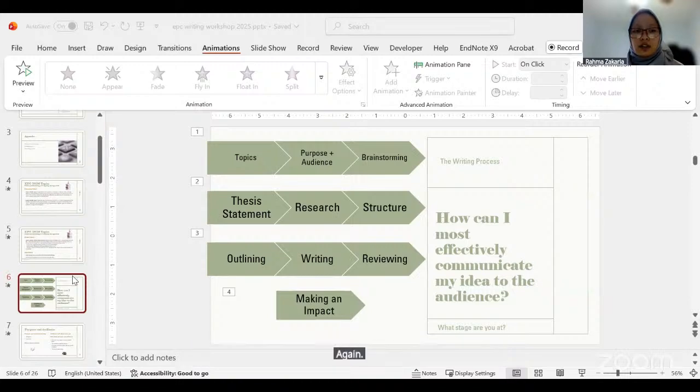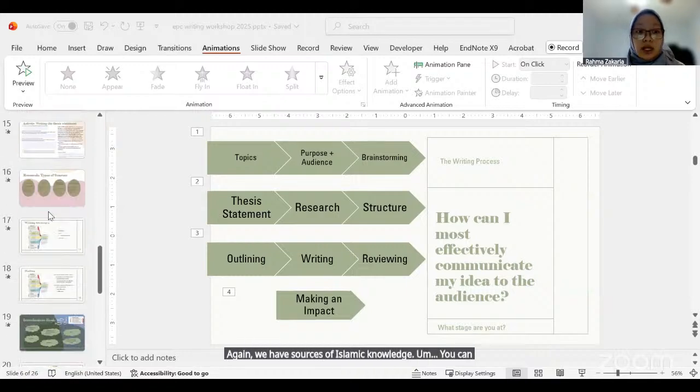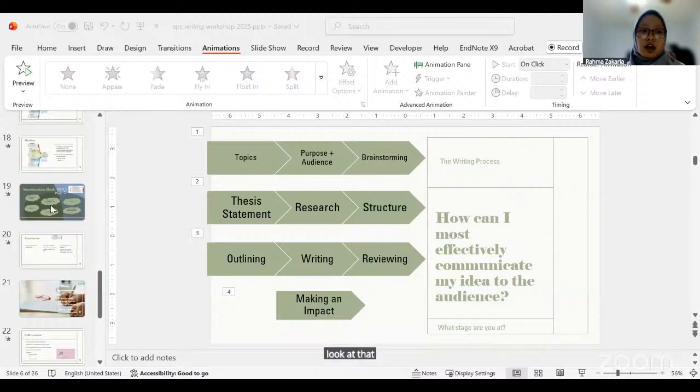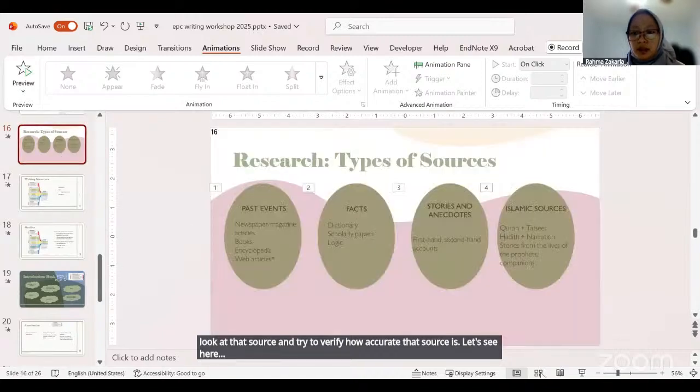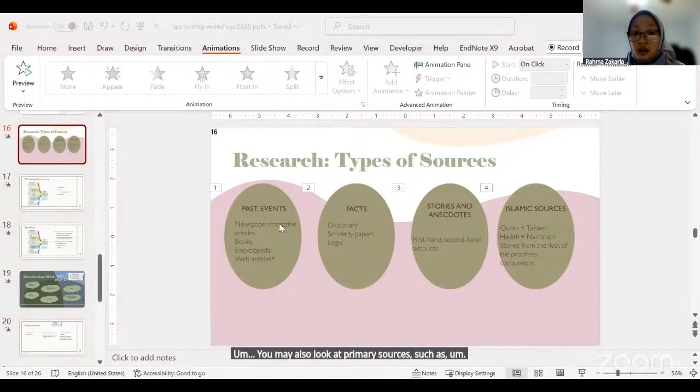Again, we have sources of Islamic knowledge. You can look up lots of things on Google and then look at that source and try to verify how accurate that source is. You might also look at primary sources such as encyclopedias.